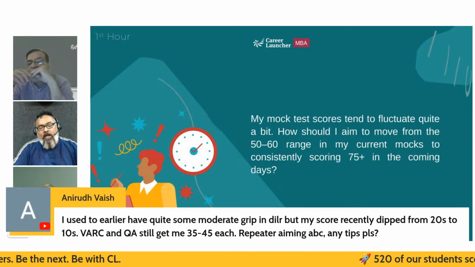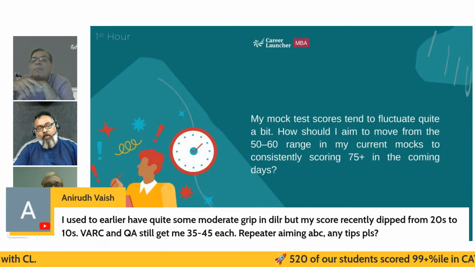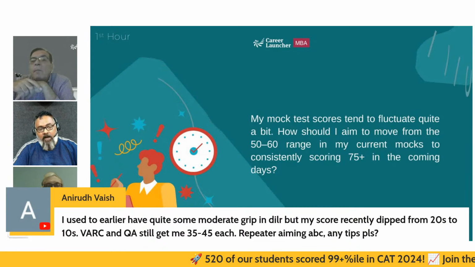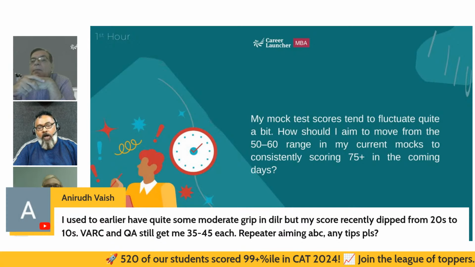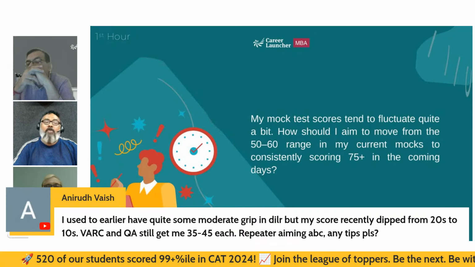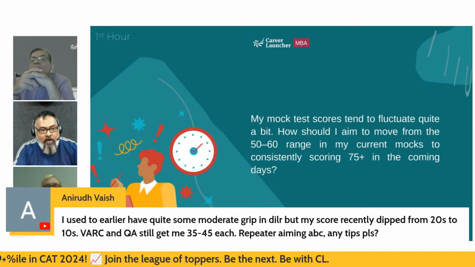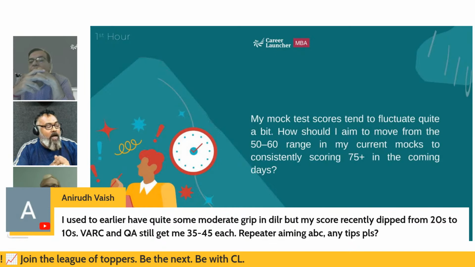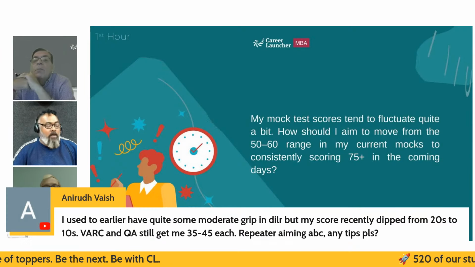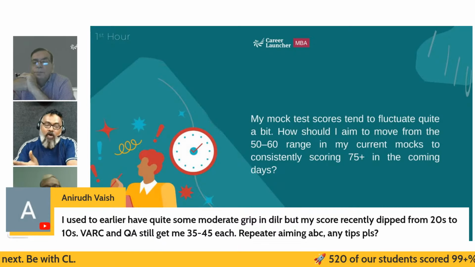So if you're looking at about 35 each in two sections, that is about 70. I need a 35 in DILR as well, right? So worrying about dipping between 20 and 10, to me, both are a fail. You're dipping between 10 and 20, and both are not going to give you the outcome that you need.